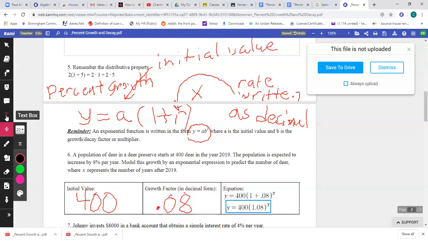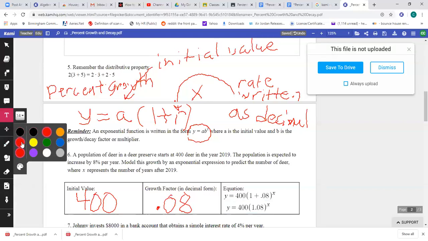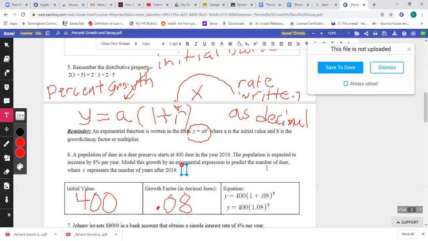Now I'm going to add something here because this is going to be on your assignment. What is the predicted amount of deer in the year 2025?